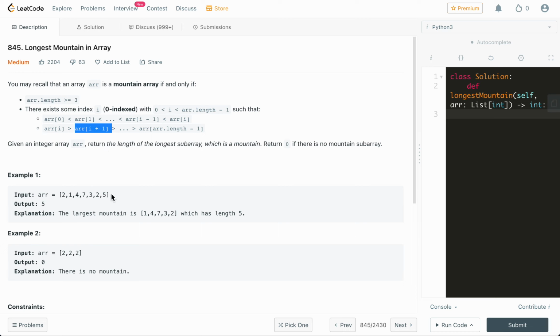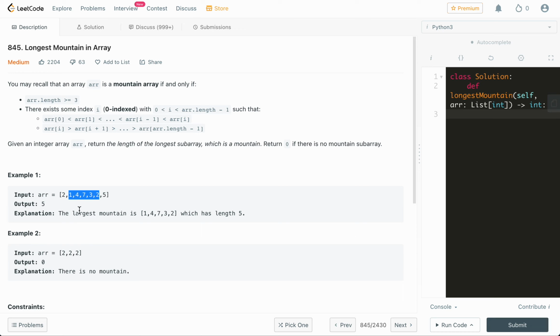And what that means is that there needs to be a subset in this array such that the numbers are increasing, such as 1, 4, 7, and then they are decreasing, 3, 2. So 1, 4, 7 are increasing, 3 and 2 are decreasing. Both of these need to exist.